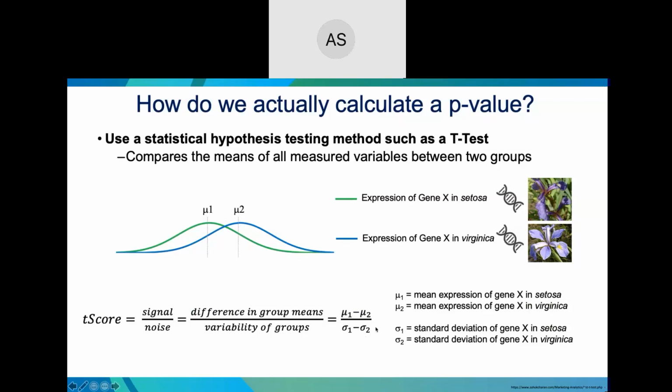And remember here, standard deviation is coming in handy again. Sigma 1 is the standard deviation of gene X in Setosa, and sigma 2 is the same in Virginica. So a t-score is calculated using this equation for every single gene that we want to compare between the two groups, and we come up with the t-score.